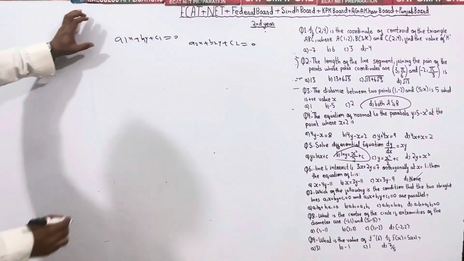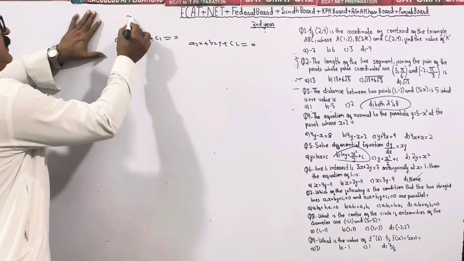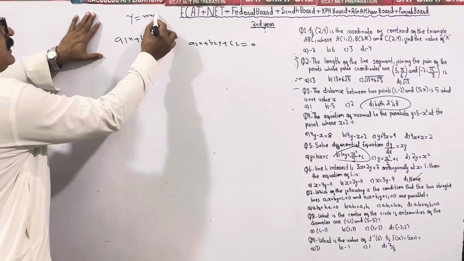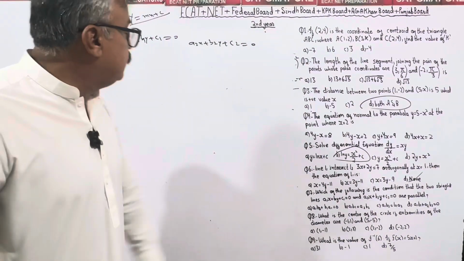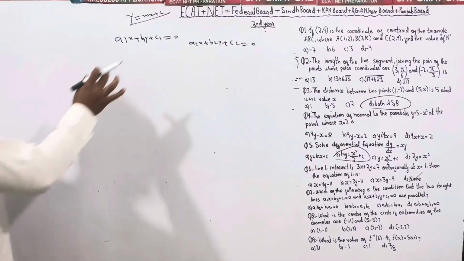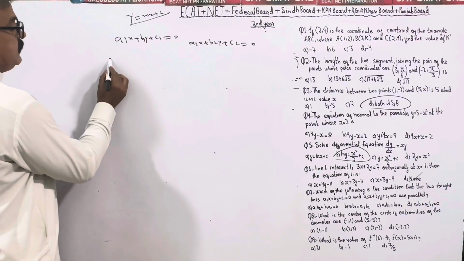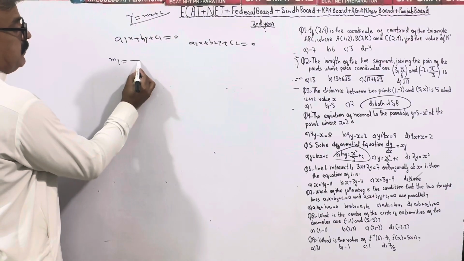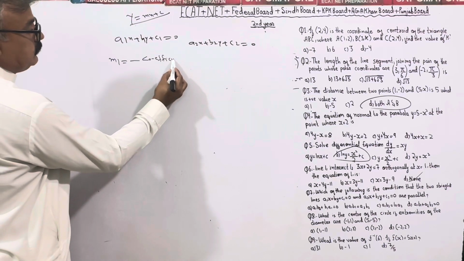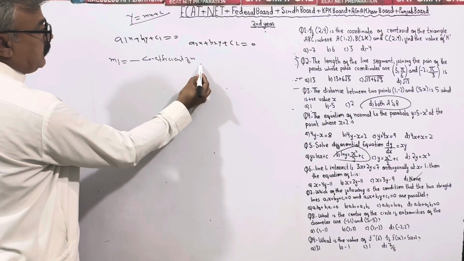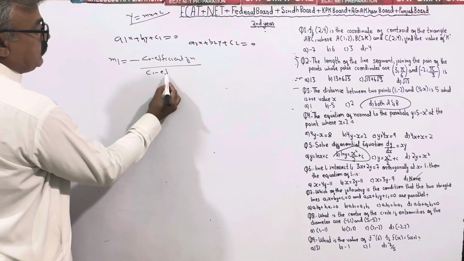One strategy to find the slope is to convert the equation into the form y is equal to mx plus c. In the previous question we have just done this. Let's see how we can find it directly. The slope formula for this one is minus coefficient of x over coefficient of y.